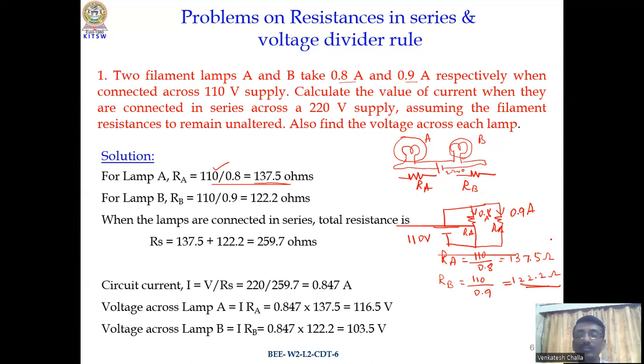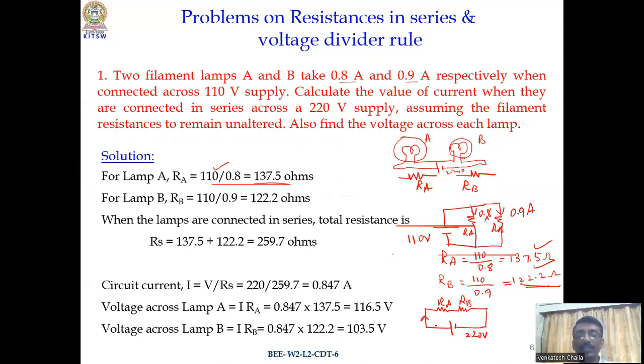That is what is asked. So we have these RA, RB values now. I can consider the two bulbs as two resistors in series connected to a 220 volts supply. This is RA, this is RB.